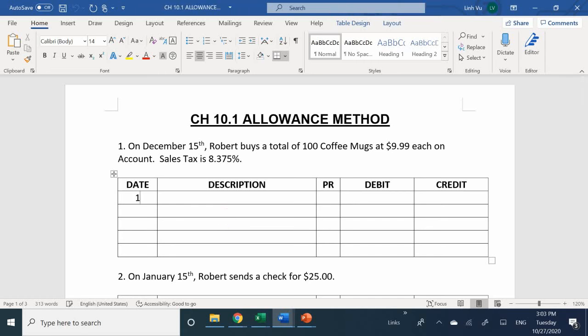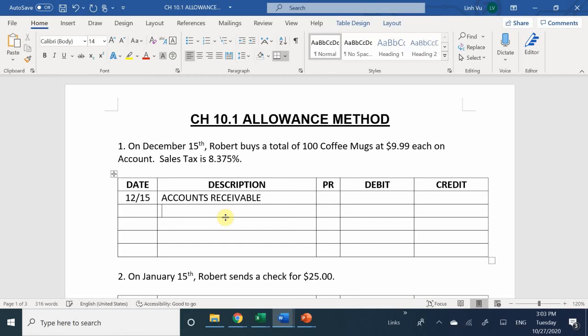We'll put the date, December 15th. This is going to be accounts receivable. In your description, it will be Robert's name. So accounts receivable, because he's buying on account.